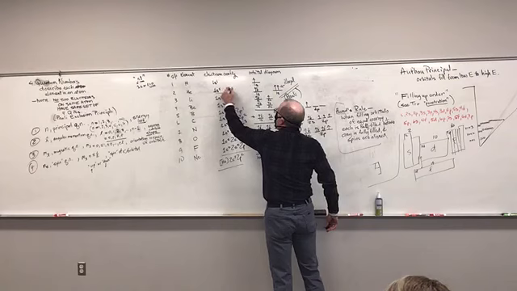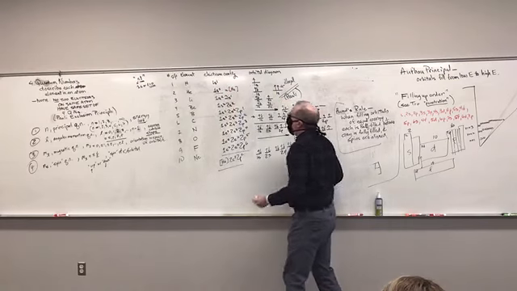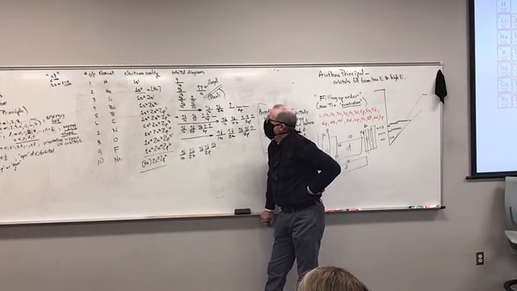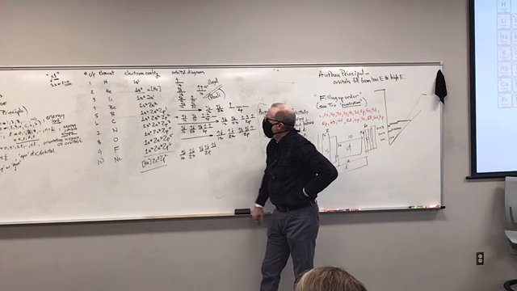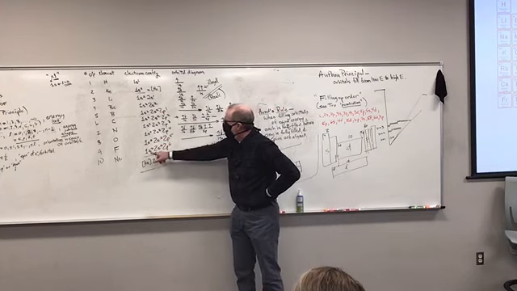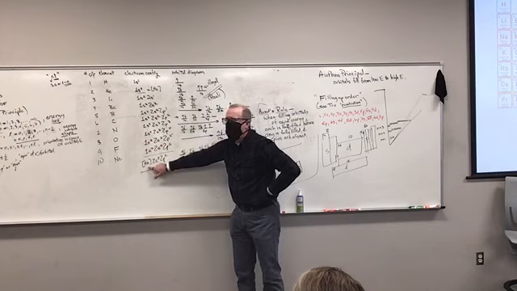Come back up here to helium really quickly. Helium has a 1s2 configuration. So that means in any of these, I've just done it for neon, but in any of these, I can replace 1s2 with just bracket helium.